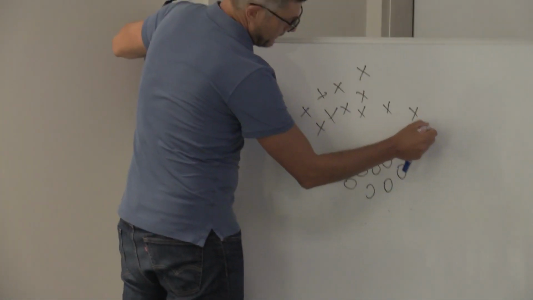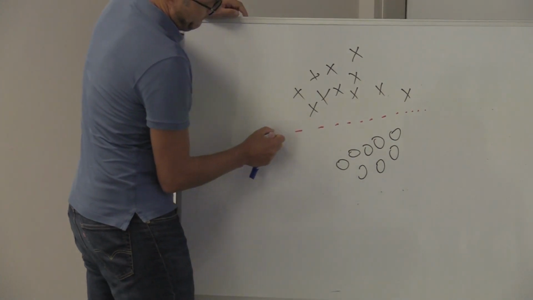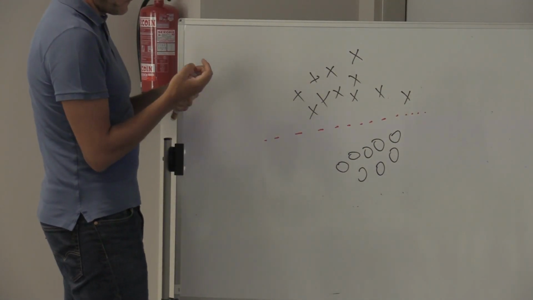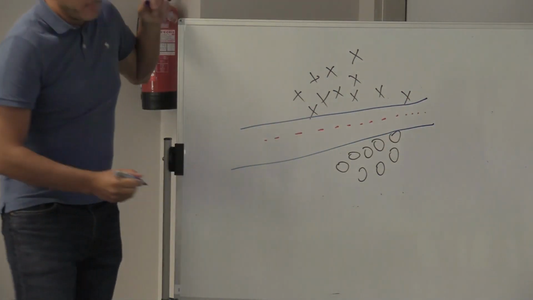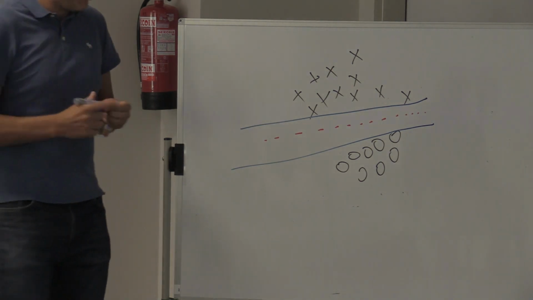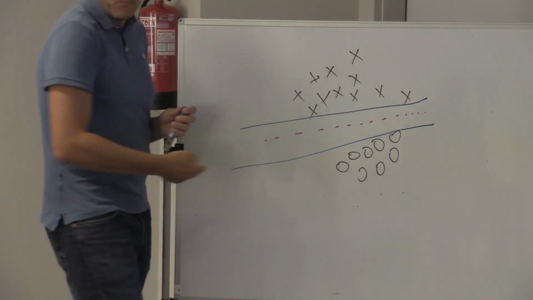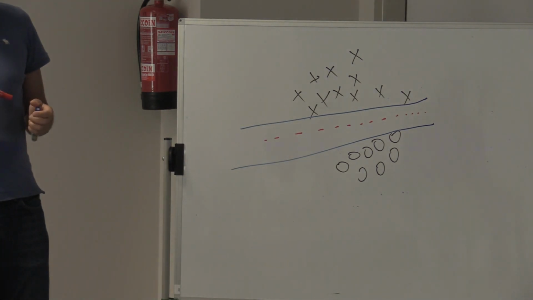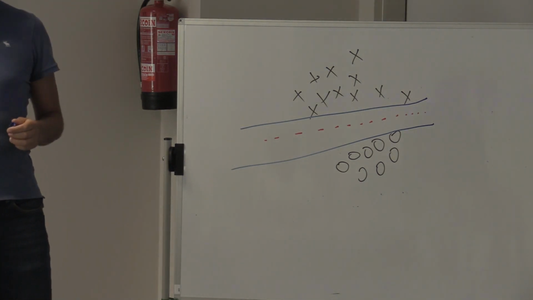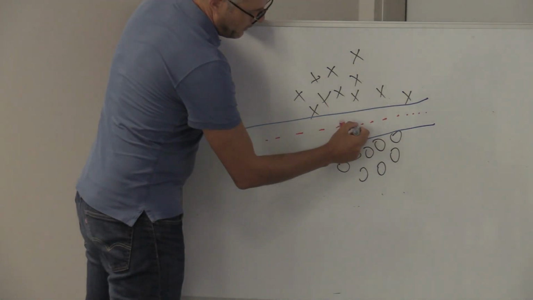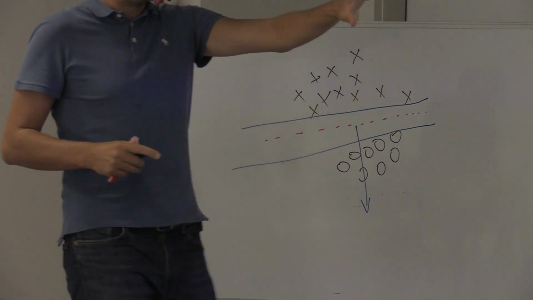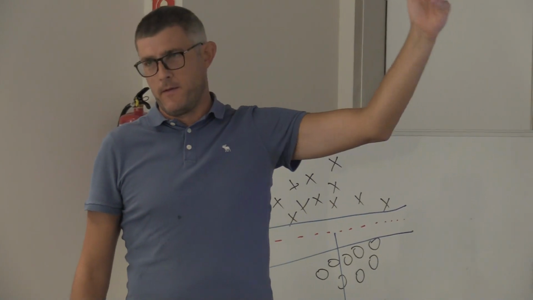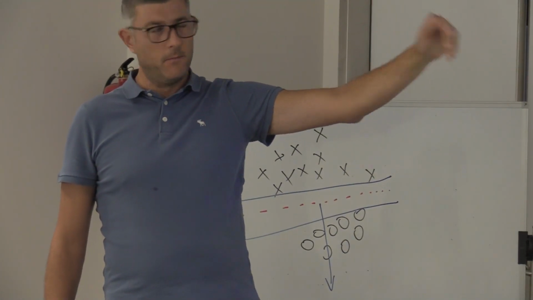I think it will choose something like this, to maximize this margin. If this is the boundary between the classes, then the coefficient vector will be orthogonal to it. This is the same situation, but with a really bad boundary between the classes, because there the margin is not so large.